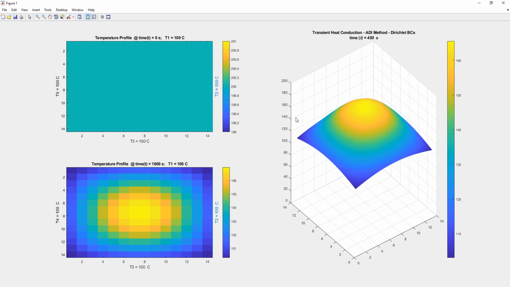So the plate is cooling. The plate is initially at 200 degrees Celsius. When we maintain the temperatures at all four sides at 100 degrees Celsius, when time t is greater than or equal to 0, the plate starts cooling, and that's what is shown here. The animation will run till we hit 1600 seconds.